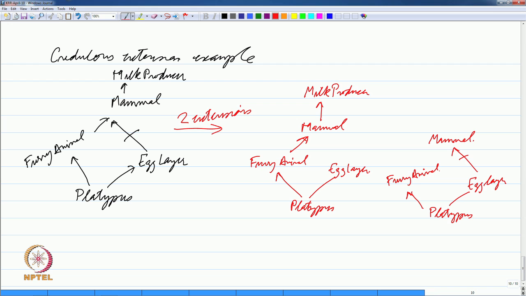So, the claim is that both these sub hierarchies are credulous extensions. What do we mean by that? That they must be maximal A connected unambiguous sub networks essentially. So, what have we removed? In the first one we have removed this black edge, and in the second one we have removed one black edge here and another black edge here.